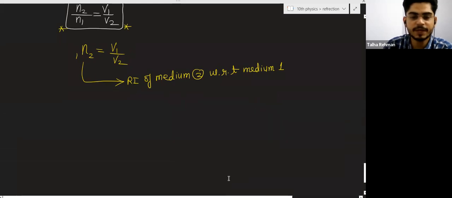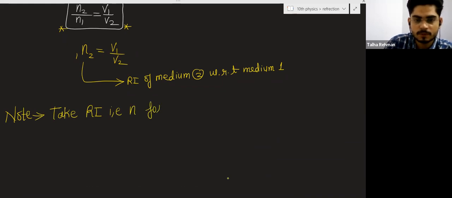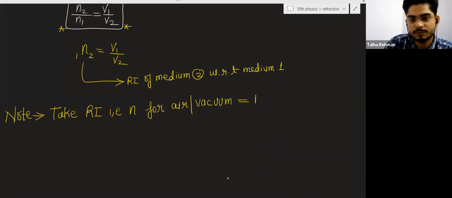Take the refractive index of air or vacuum is equal to 1. Okay, just learn this.